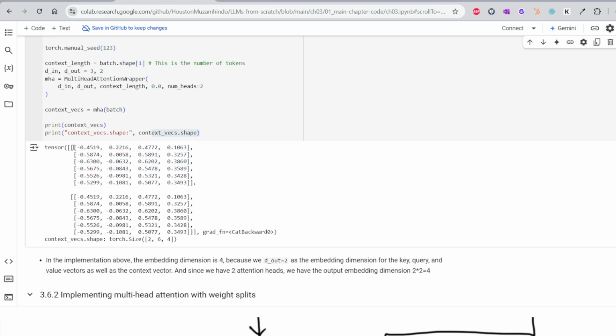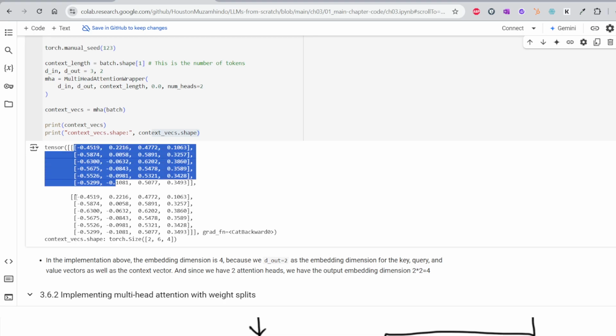This is coming from the first head for the first input, and this is coming from the second head for the first input, and we concatenate them to be the context vector for the first input. And this is the context vector for the second input in the first batch, then input number one, two, three, four, five, six. And then we have another batch also doing the same thing.